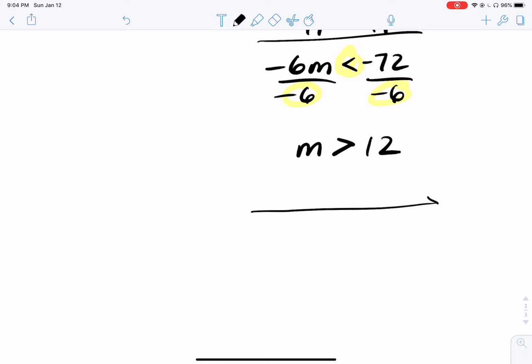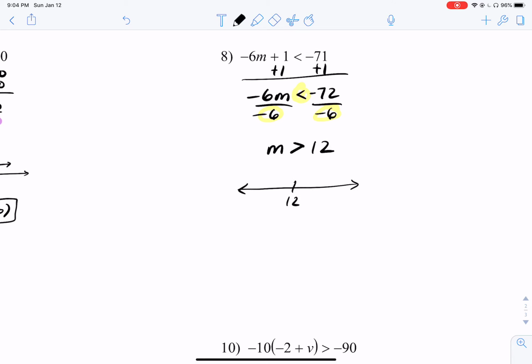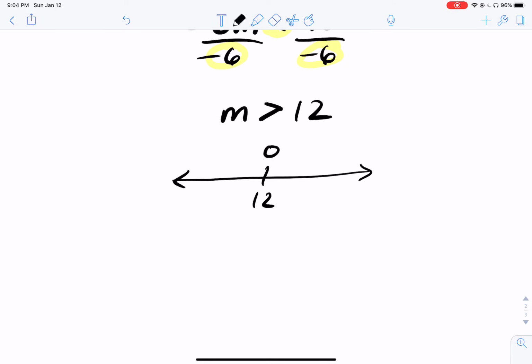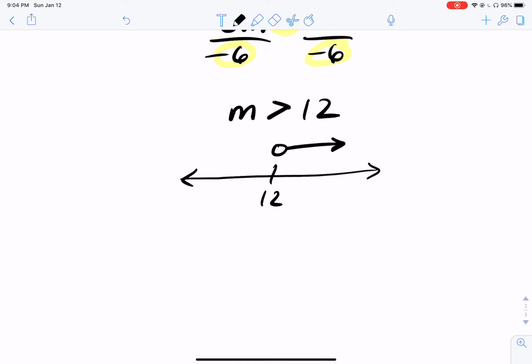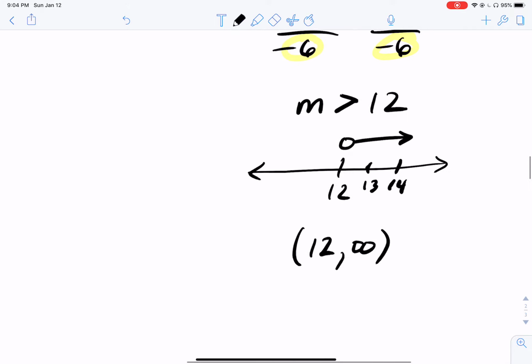On a number line, it's basically the exact same number line as this one right here. We have an open circle above 12. All the numbers greater than 12 are going to be to the right, 13, 14, and so on. So our interval is going to be a parentheses where we start at 12 and go all the way to infinity.